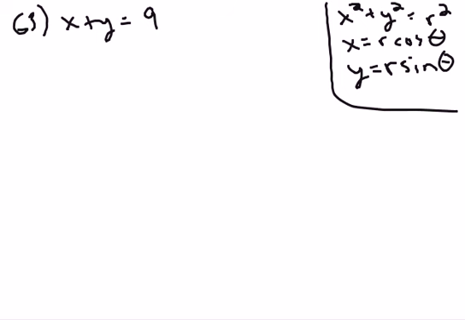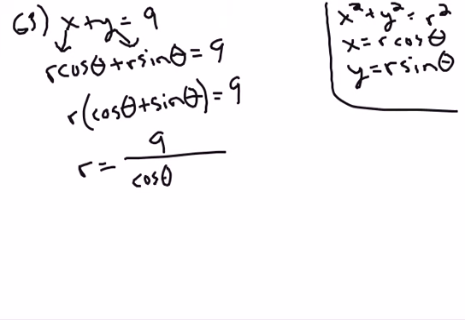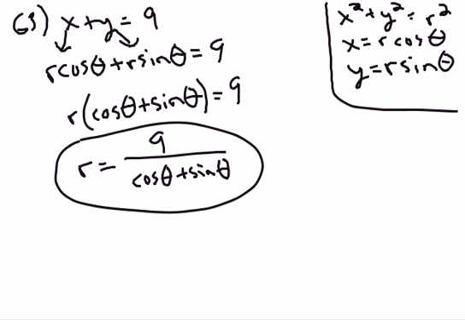I can substitute x with r cosine theta, y with r sine theta, factor out an r. Usually you write these with r equals something as the format. Then you can simply divide by cosine theta plus sine theta on both sides, and that is your answer. Okay, let's continue with 64.